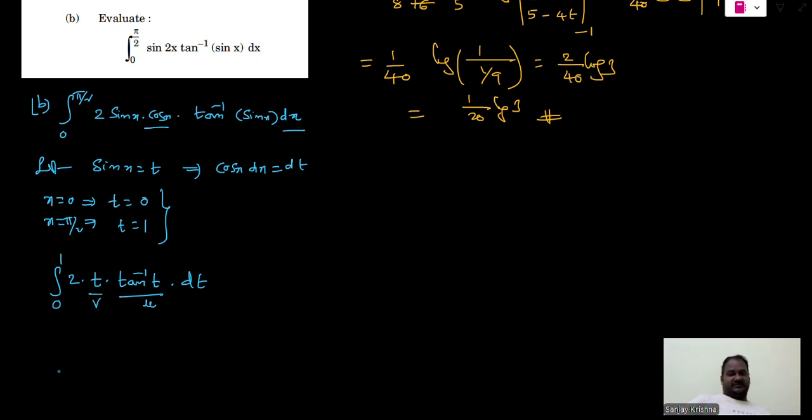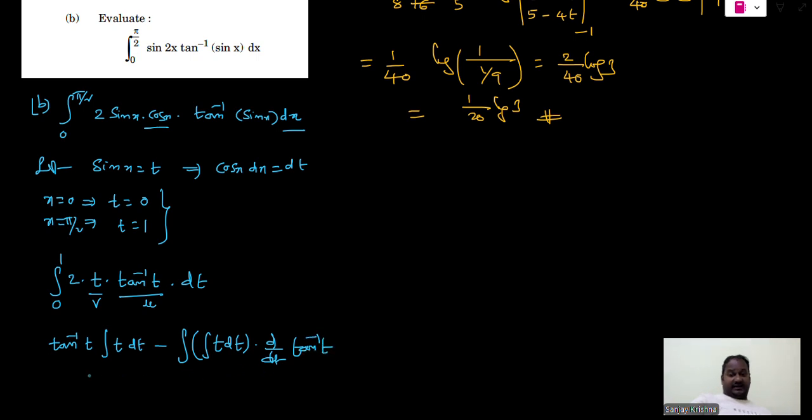I am going to simplify this. When you apply integral, I am not writing everything again and again. Therefore, u into integral of v. It means tan inverse t into integral t dt minus integral of integral t dt into d by dt of tan inverse t.